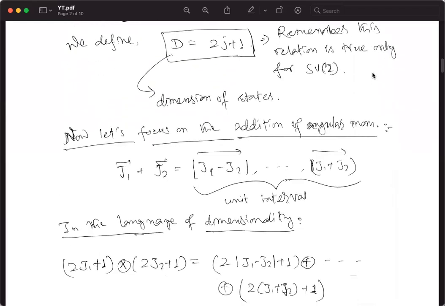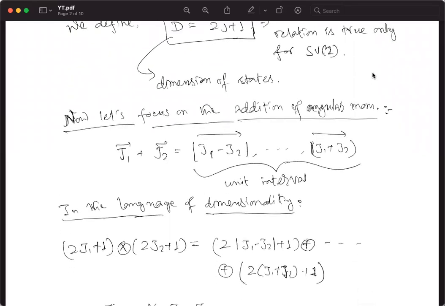Now let's focus on the addition of angular momentum. We know that if we have two angular momenta, J1 and J2, after the addition of angular momentum, you get different states starting from |J1 minus J2| to J1 plus J2, right?